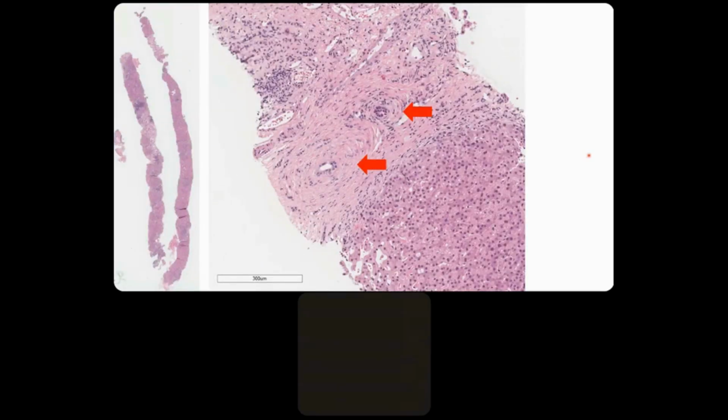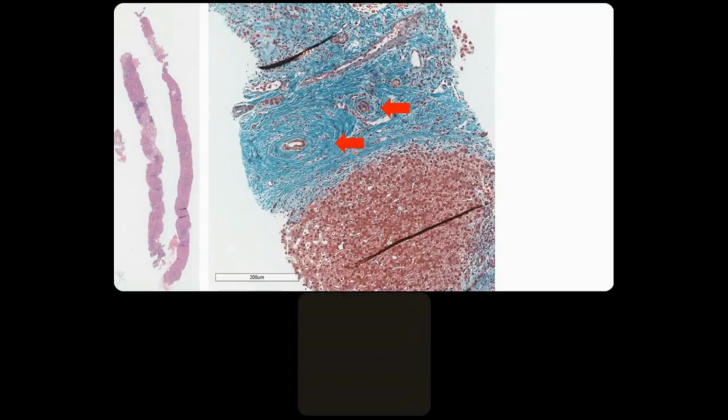Here is another patient's liver biopsy, which shows a very different pattern of biliary injury. So in contrast to the last case, which was very inflammatory, you can see that the main finding here is the presence of these periductal onion skin concentric fibrosis, which are shown by these red arrows, and this is the histologic hallmark of sclerosing cholangitis.